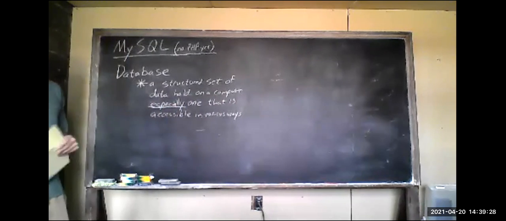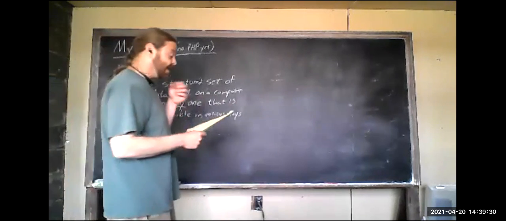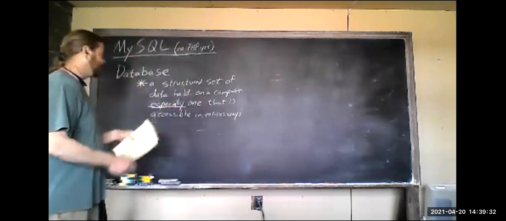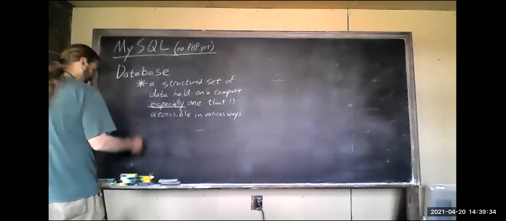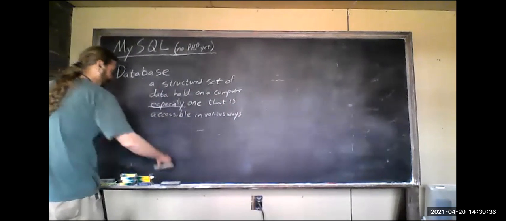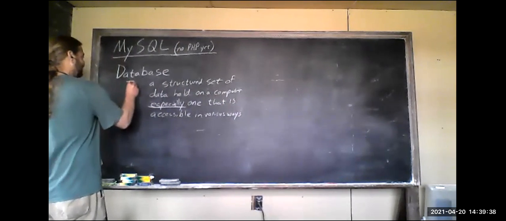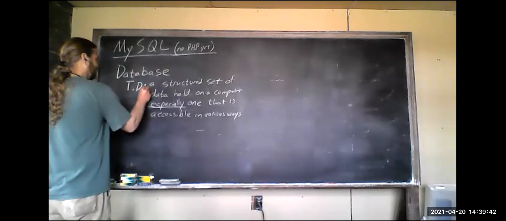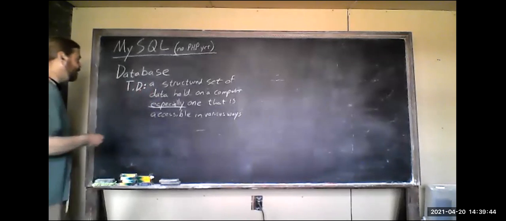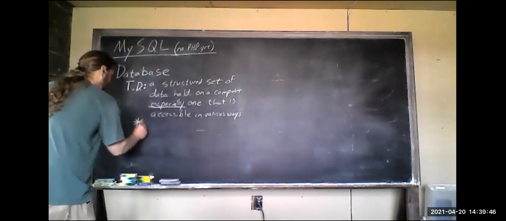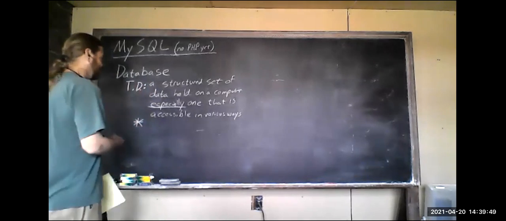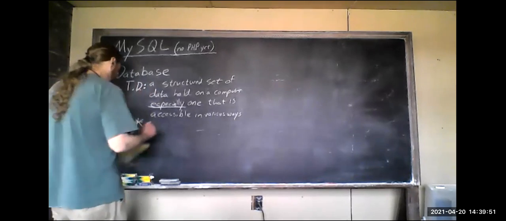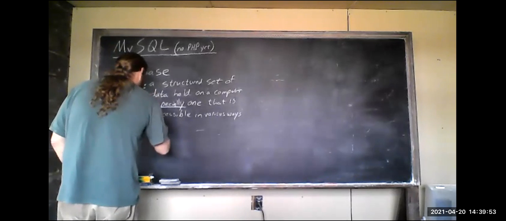And that word especially is going to have a lot of meaning. I'm going to put TD here instead of a star. So that's our technical definition, what we read in the dictionary. The more useful definition, the daily language sort of usage thing, is just a place to store data.